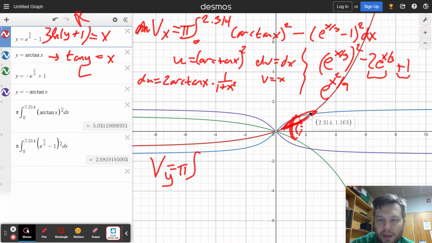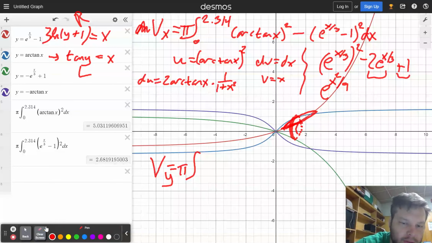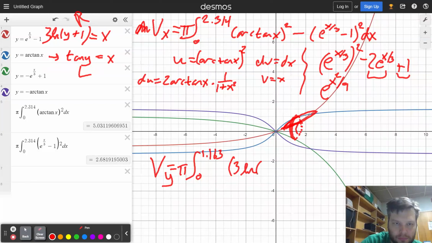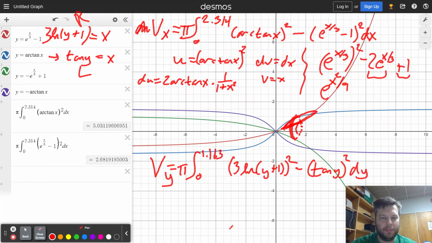I need the y value, 1.163. So 0 to 1.163. The function on the right squared minus the function on the left squared dy.